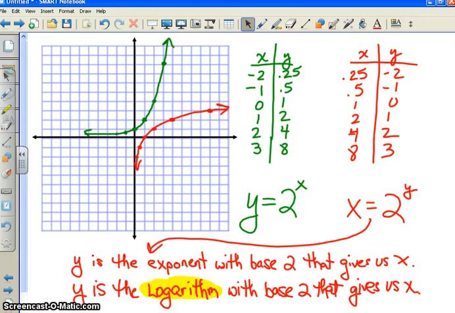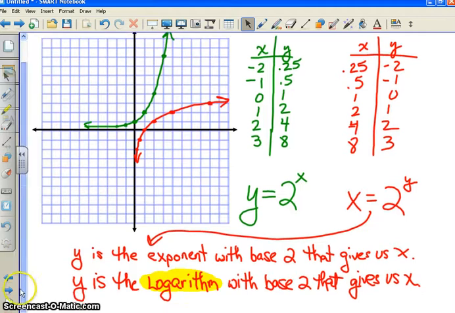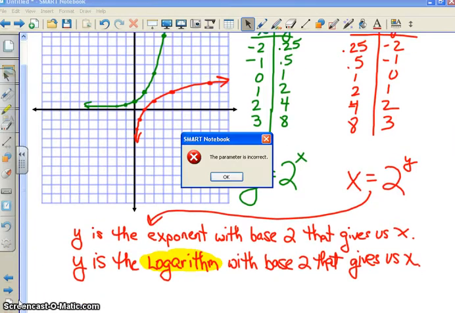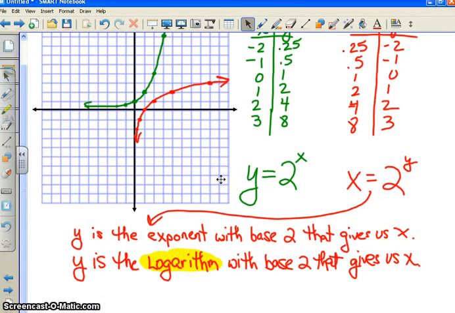Now I'm going to take this sentence and change it back into a mathematical equation. Y equals the logarithm, which I'll abbreviate with log, base 2, so I'm going to put a little 2 down here as a subscript that's going to serve as the base, that gives us x.